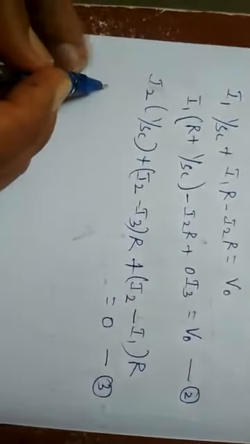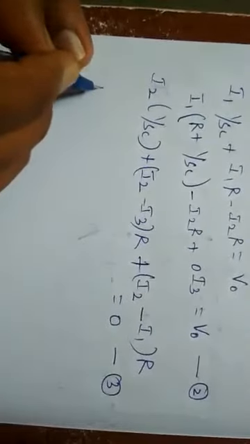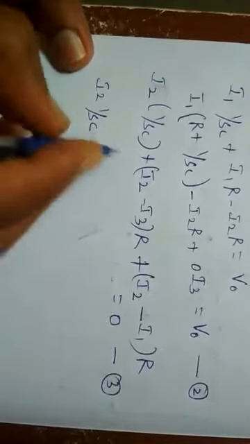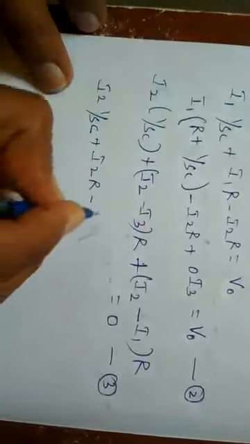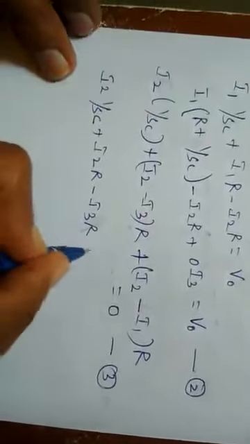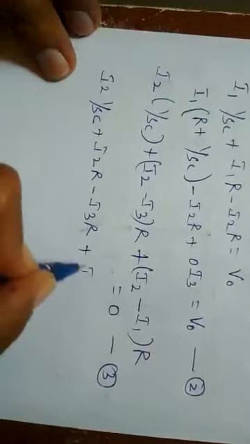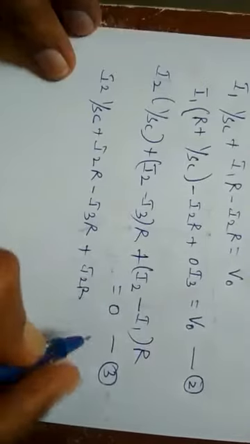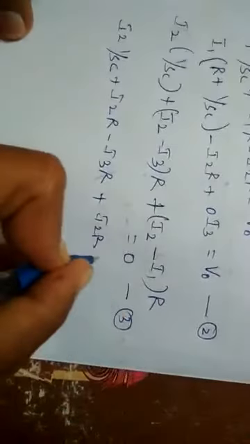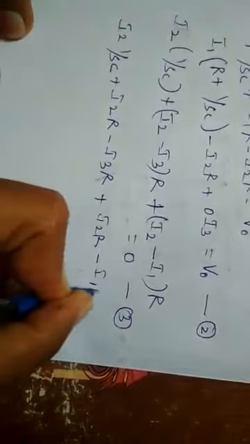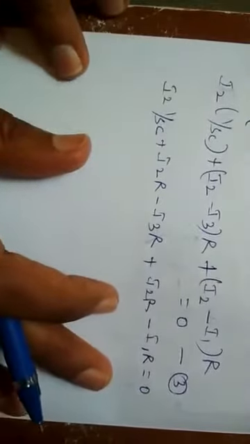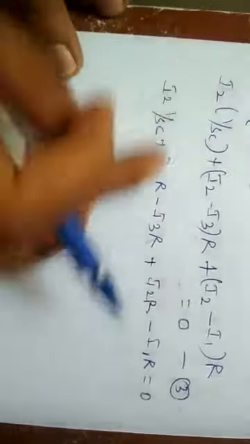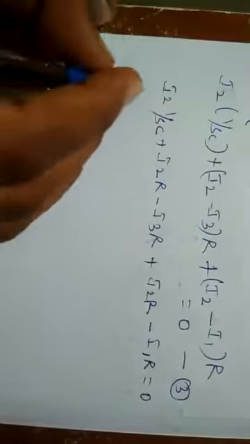So we can expand this. I2 into 1 by SC plus I2 into R minus I3 into R plus I2 into R and minus I1 into R equal to 0. And we can write this equation in order.